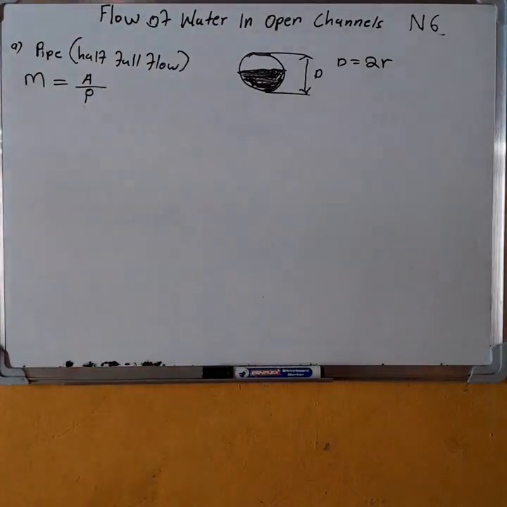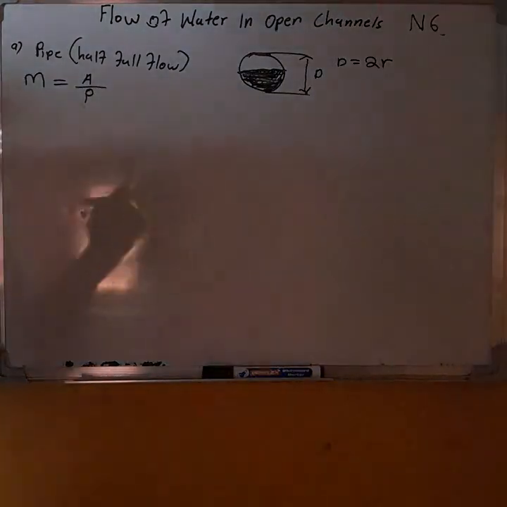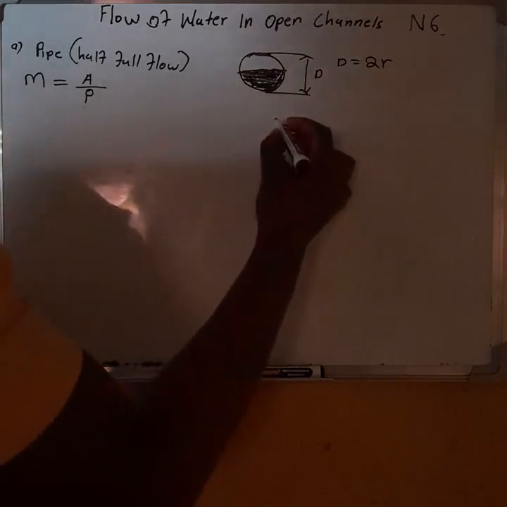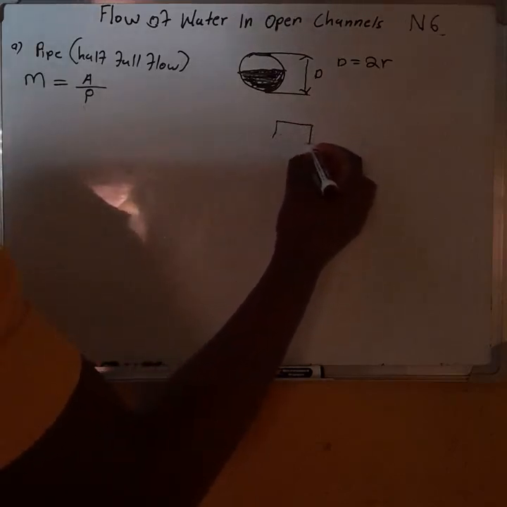Remember, when we're talking about the perimeter, let's say we are given an example. You are given a square shaped object.